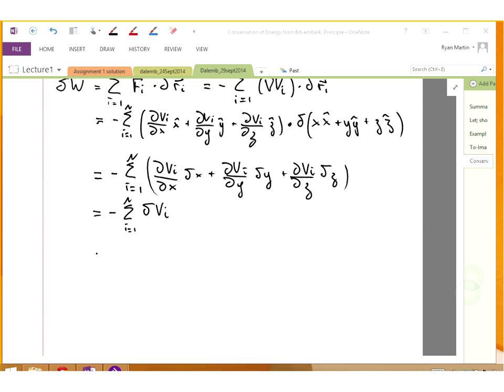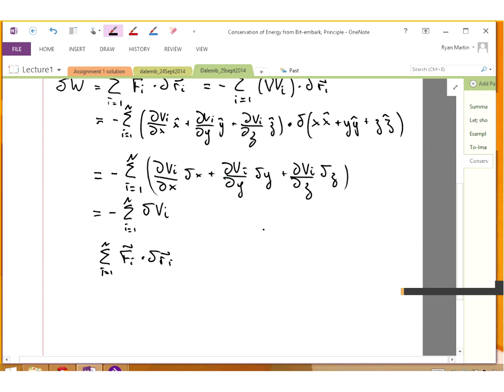So rewriting D'Alembert's principle now. D'Alembert's principle we can write as the sum from i equals 1 to n of F_i dotted with delta r_i, minus the sum from i equals 1 to n of m_i r_i double dot dotted with delta r_i.